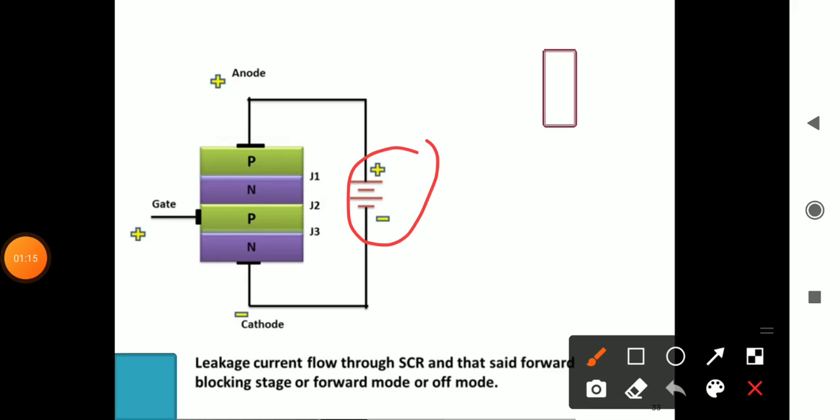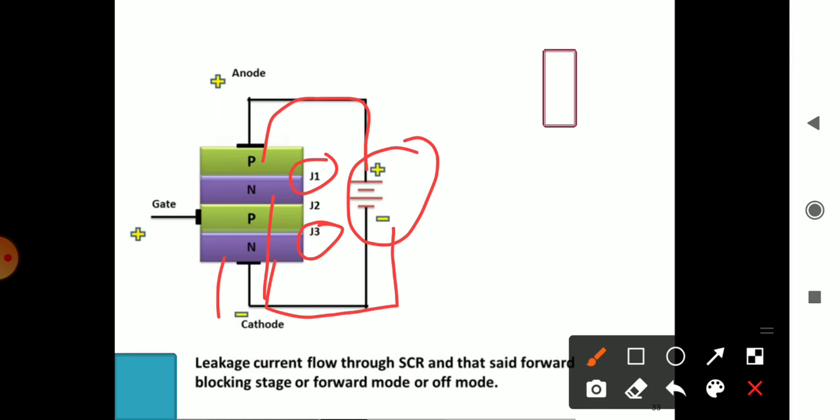If we provide a supply for the PN semiconductor, that is the P terminal is connected to the positive and the N terminal is connected to the negative, J1 is in forward bias and J3 is also in forward bias because P is connected to positive and N is connected to negative. Here also N is connected to negative and this P is connected to positive. So we can say the junction J1 as well as the junction J3 is forward biased, but junction J2 is reverse biased.